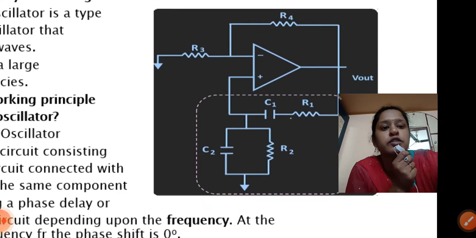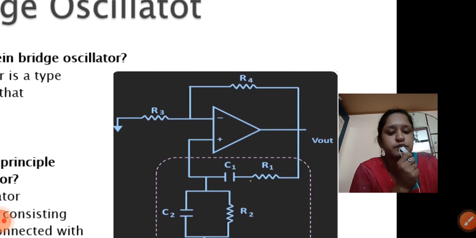Now I am going to study the circuit. R1, R2, R3, R4 are the resistances. The Wien bridge circuit is connected between the amplifier input.